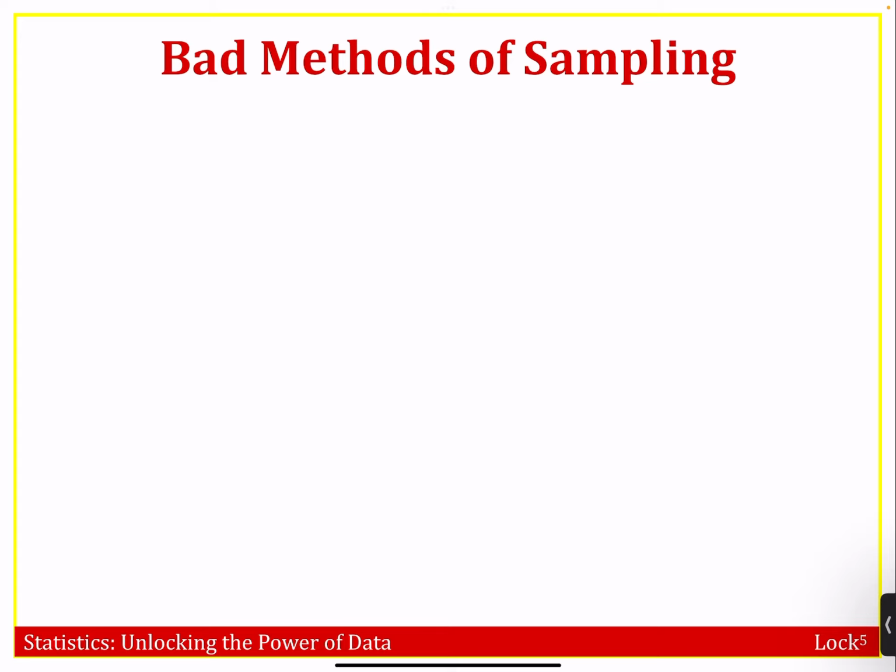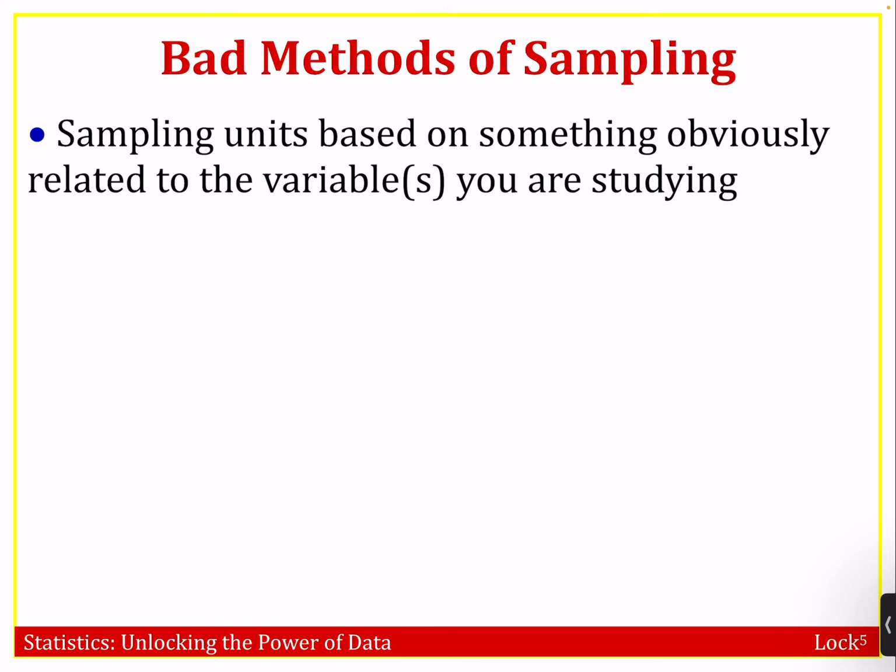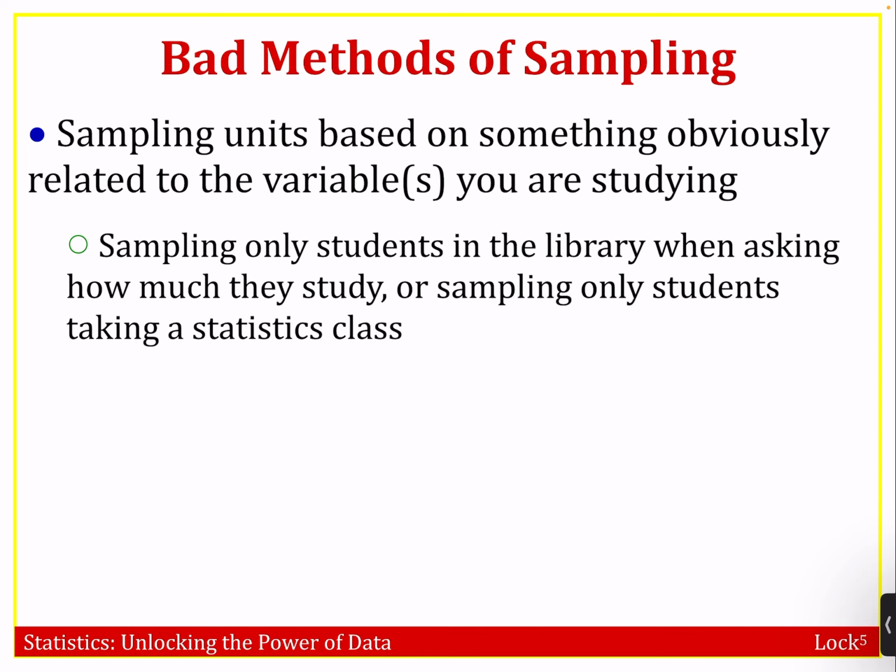There are, however, some bad methods of sampling that we really want to try to avoid. We don't want to select our sampling units based on something that is obviously related to the variables we're studying. For example, if we want to look at how much students study, we don't want to just sample the students in the library, right?